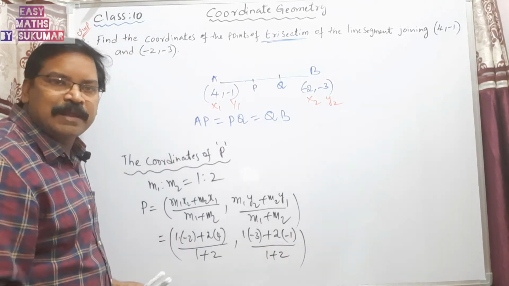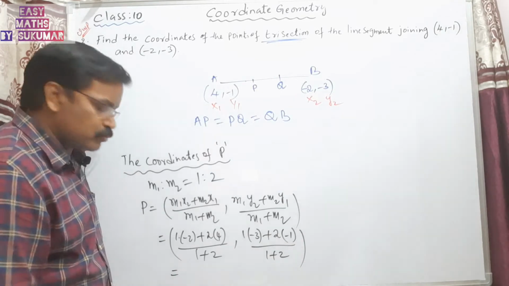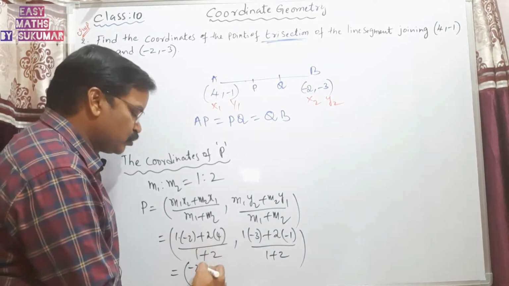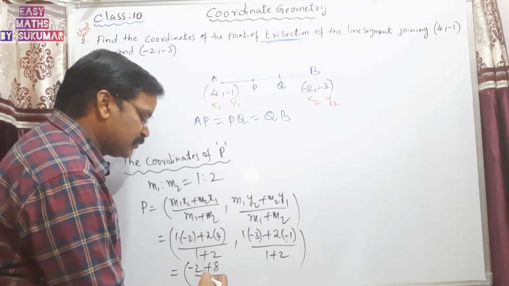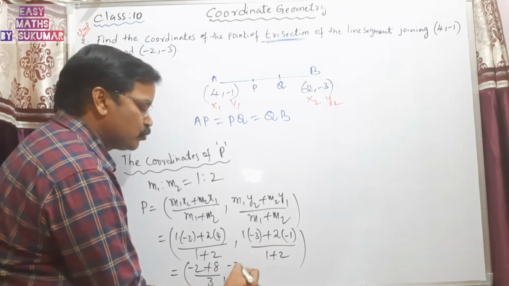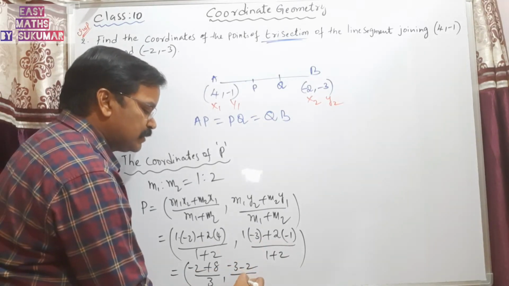Then bracket closed. So this is equal to 1 into minus 2 plus 2 into 4 is 8 by 3, comma, 1 into minus 3 plus 2 into minus 1, by 3.